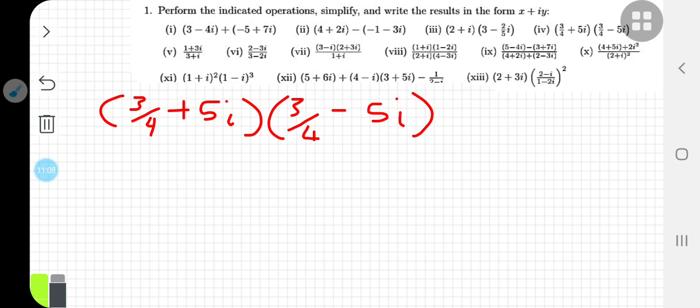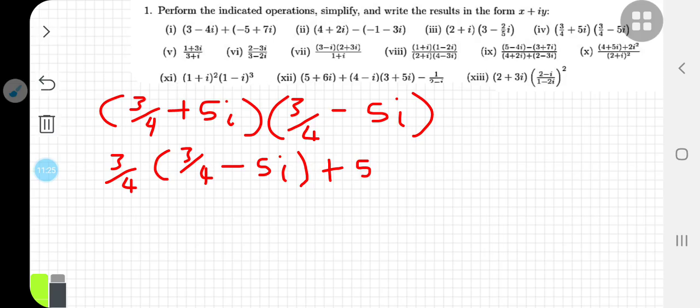So we do the same thing. Here I'm going to have 3 over 4 multiplying with 3 over 4 again, minus 5i, plus 5i multiplying with 3 over 4 minus 5i.